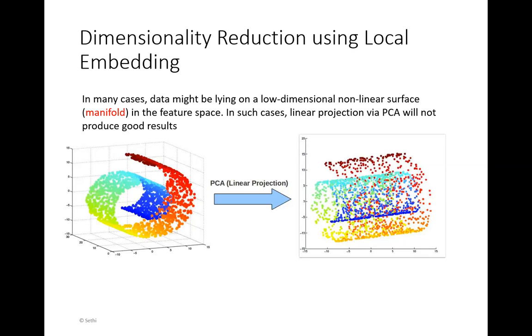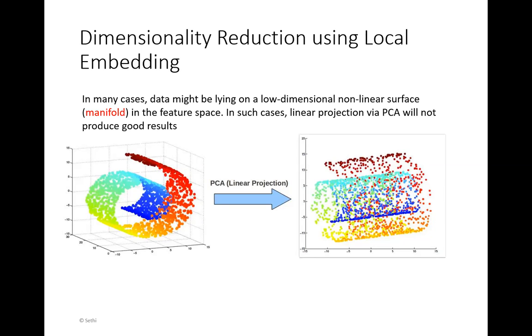So what one can do is characterize this data set by relying upon the idea that the points in the local neighborhood are close to each other, while the points that are not in the local neighborhood are different from the local neighborhood points lying on the roll.